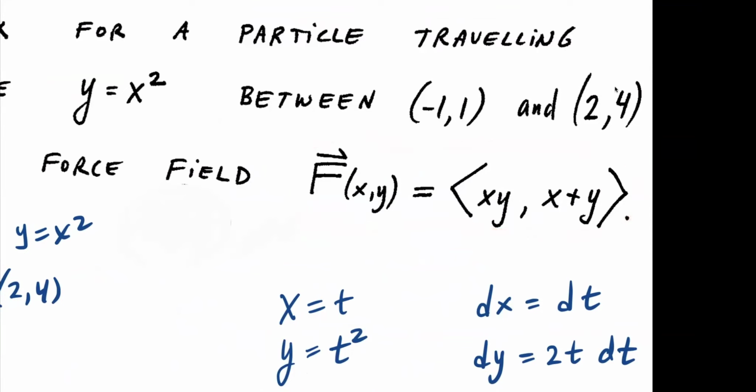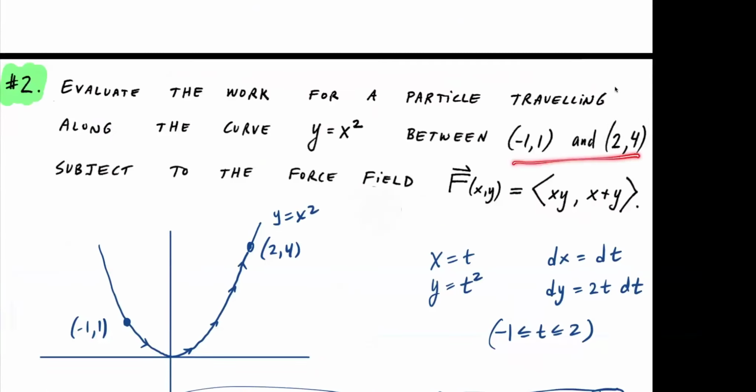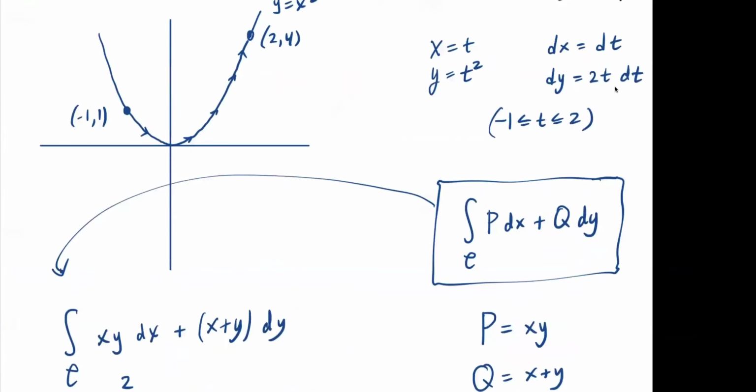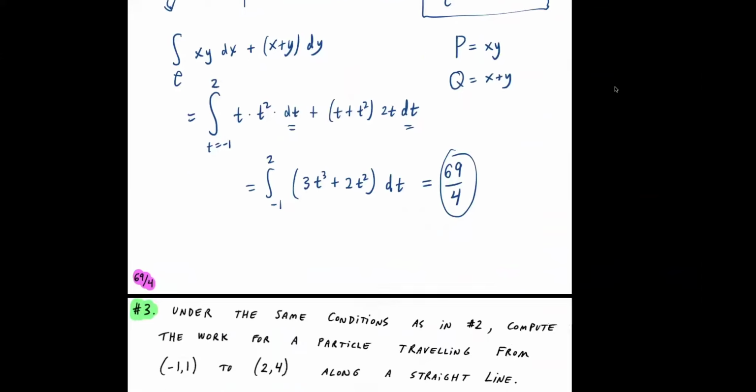If this were a conservative force field, we would be getting the same answer since we're traveling between the same pair of points. However, it's easy to test using what I showed you the other day, and it's easy to see that this force field is not conservative, and that's the reason why we get different numbers here.